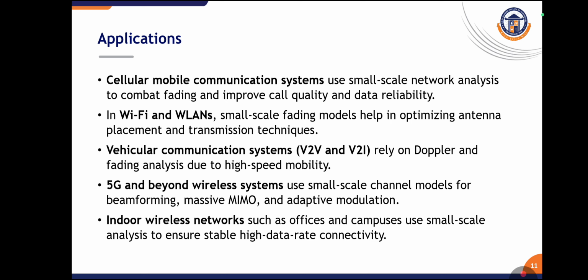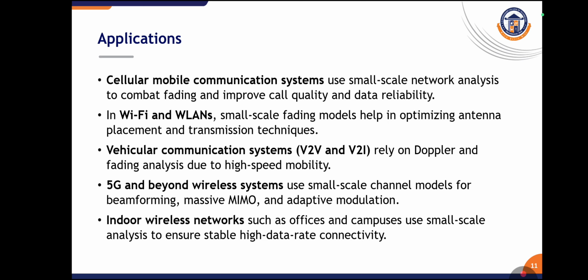And the main applications of small scale networks: cellular mobile communication systems use small scale network analysis to combat fading and improve call quality and data reliability. In Wi-Fi and WLANs, small scale fading models help in optimizing antenna placement and transmission techniques.